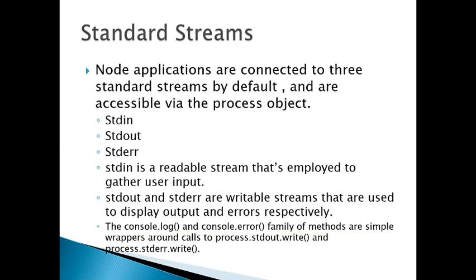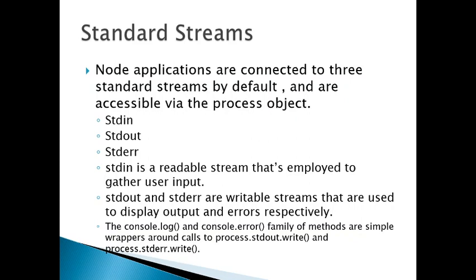That means when we call console.log, actually we are calling a system-level function, process.stdout.write, to write something into our stdout stream, and process.stderr.write for the error function, to write something into stderr.